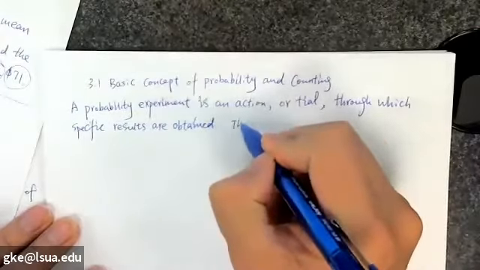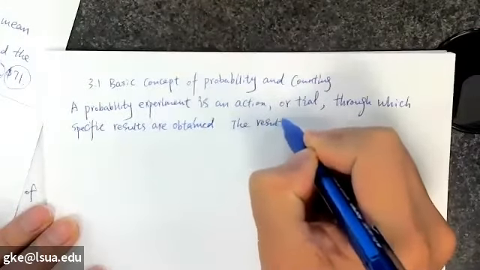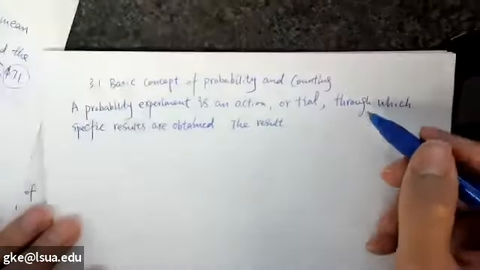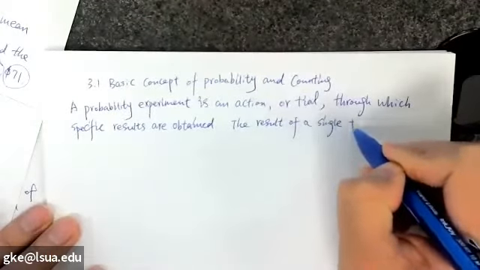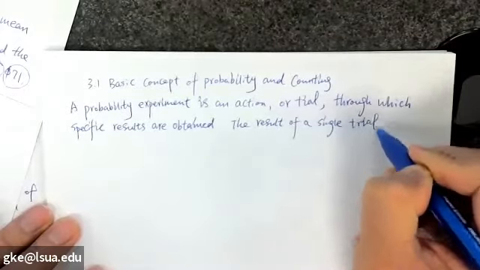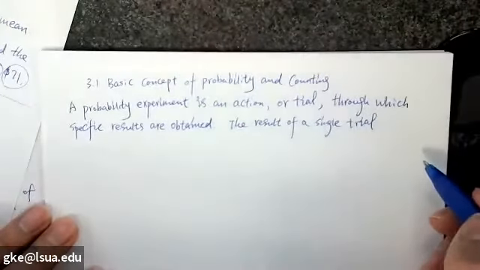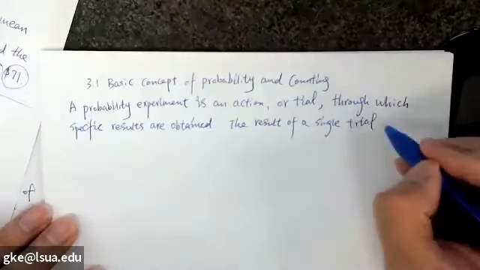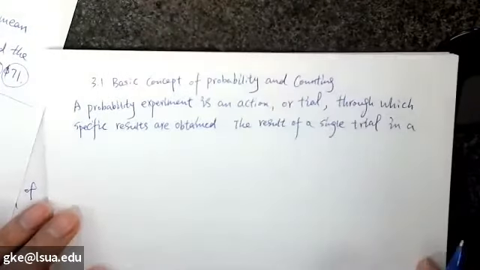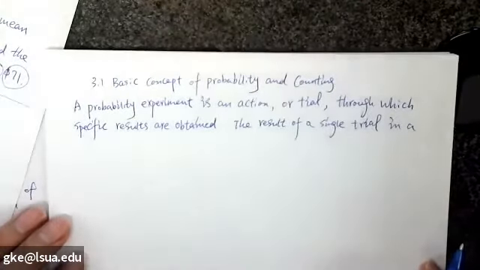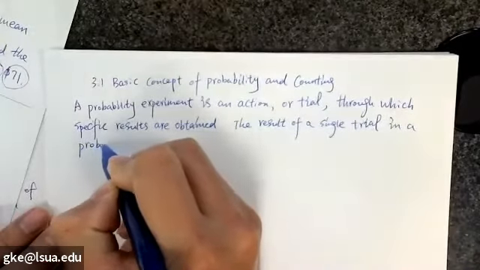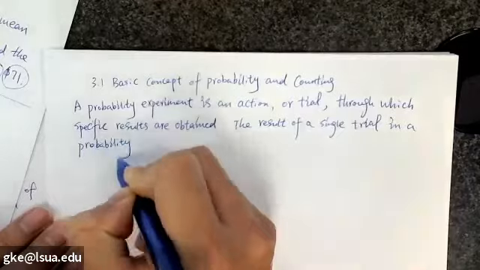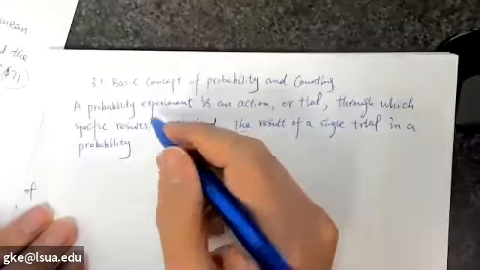The result of a single trial in a probability experiment is an outcome.